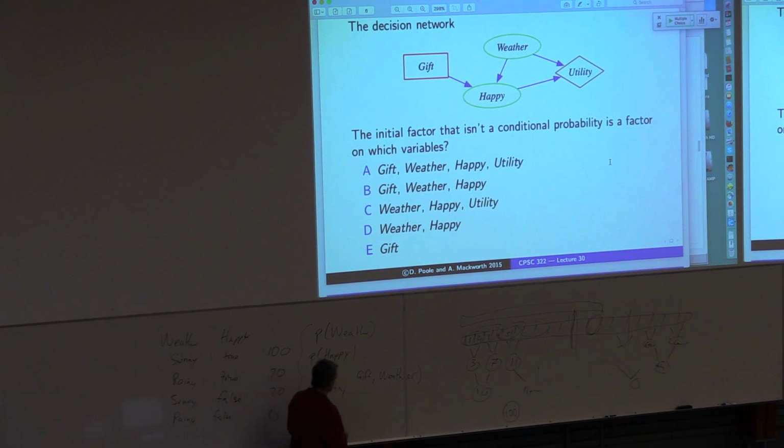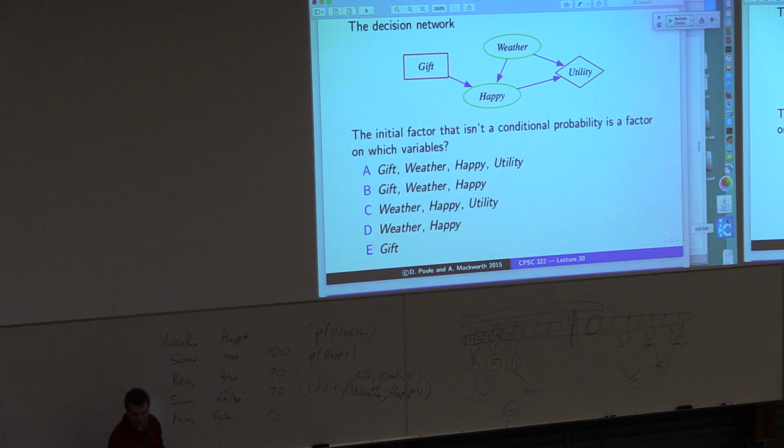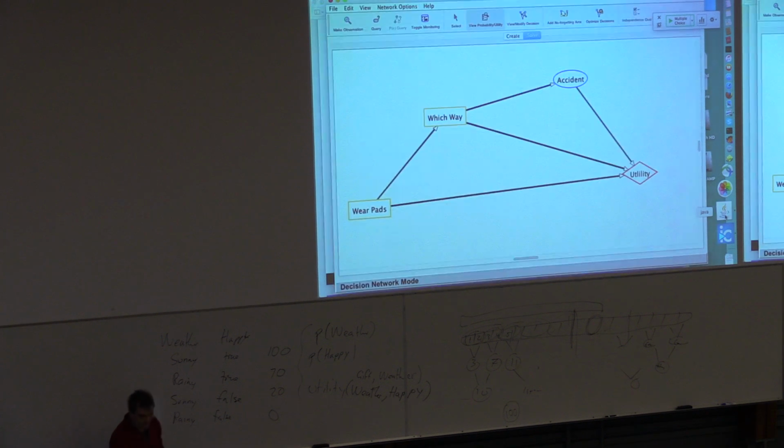This utility factor is a function of weather and happy. In this model I have to provide two factors: the table for accident and the table for utility. There are no other factors. There's no factor associated with which way and where pads.